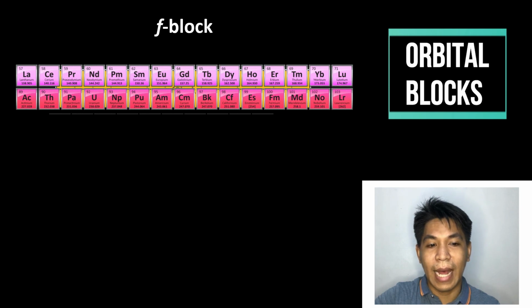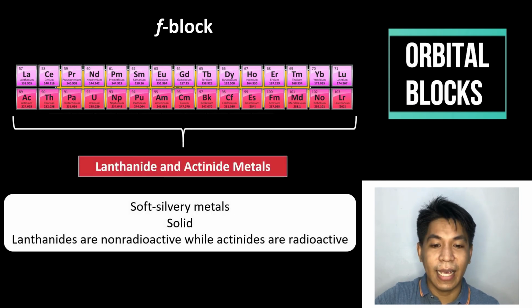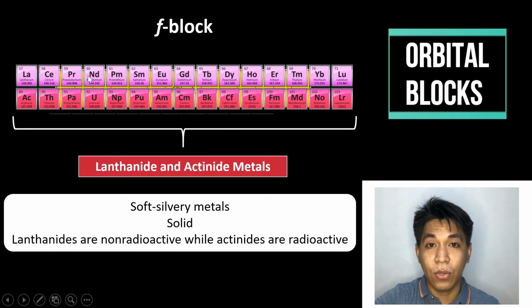They are called lanthanide and actinide metals. Now, the first row is called the lanthanides because the first element in the row is lanthanum, while the second row got its name from the first element in the row, which is actinium.